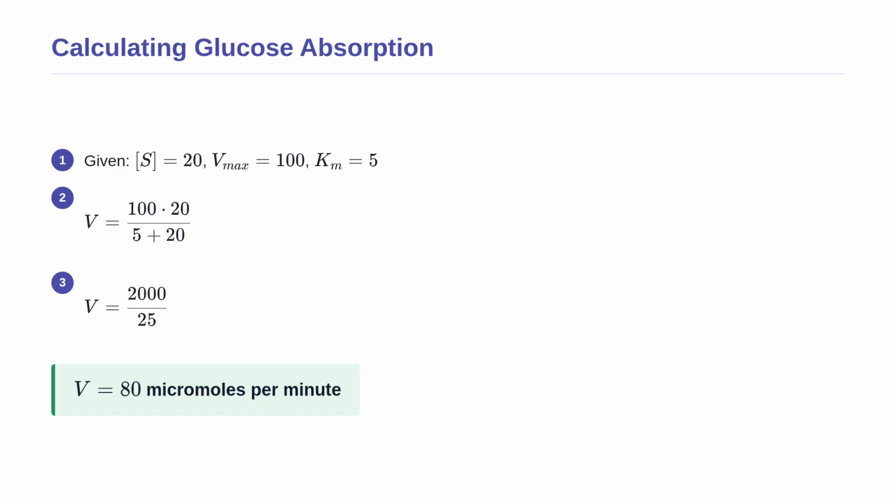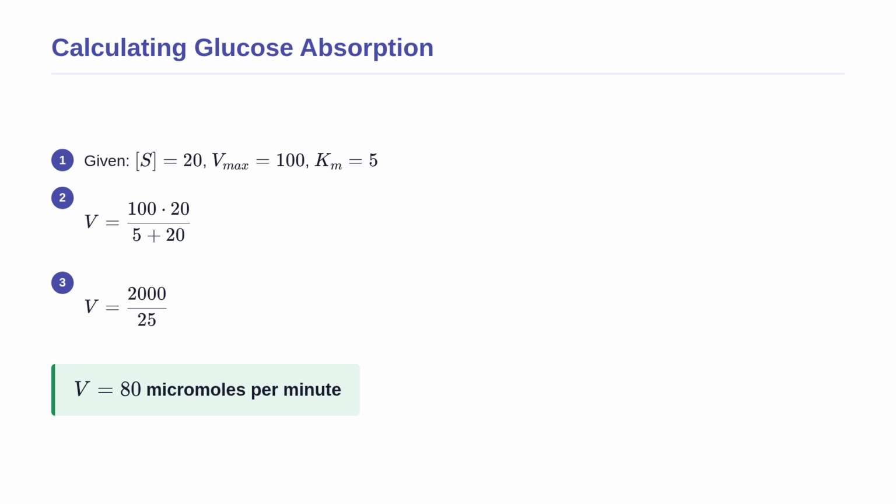Before we move on, let us see this formula in action with a concrete example. Suppose a patient eats a carbohydrate-rich meal, giving a gut sugar concentration of 20 millimolar. Their maximum absorption rate is 100, and their transporter constant is 5. We want to find their current absorption rate. We chose this formula because glucose relies on saturable transporters.